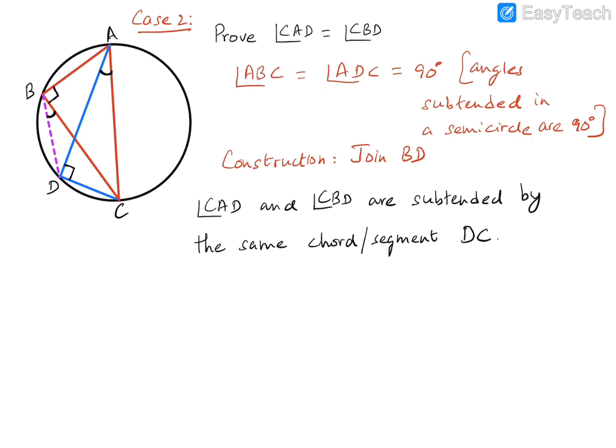And we know that the angles subtended by the same chord or by the same segment in a circle are equal. So therefore we have angle CAD equals angle CBD.